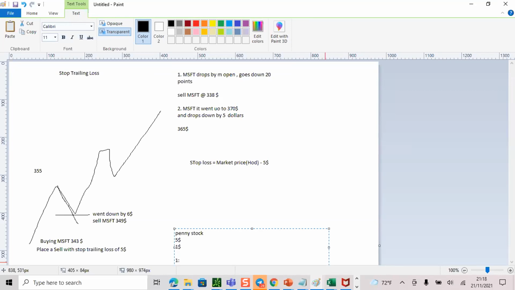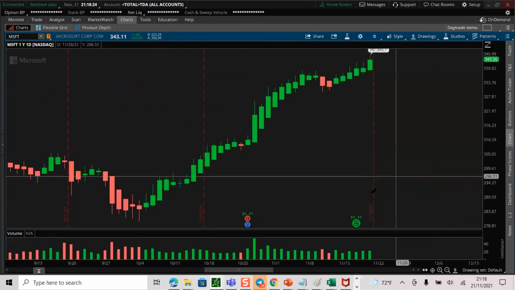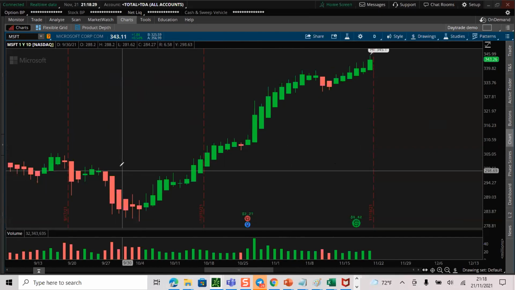You may lose $1, but you may gain like $4 or more. If it goes from $5 to $7, then your risk to reward is like 1:2, right? So most of the time, whenever you trade any stock, you always place a stop trailing loss.